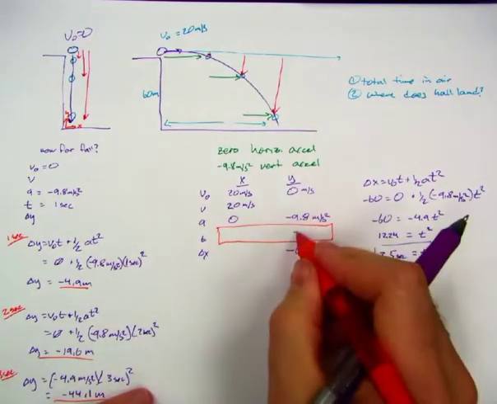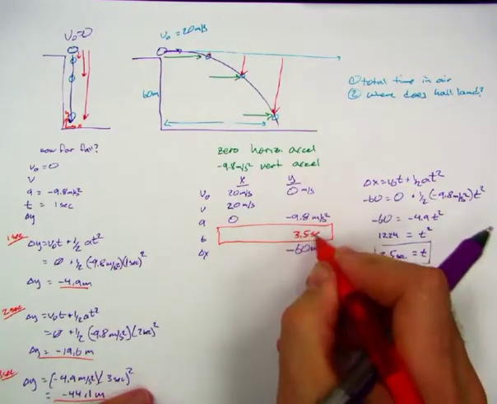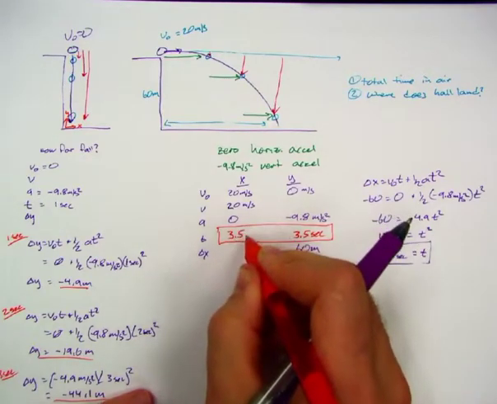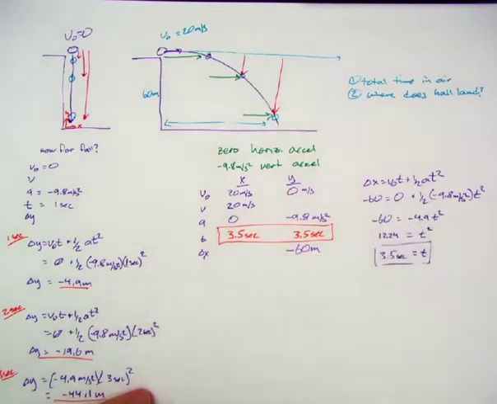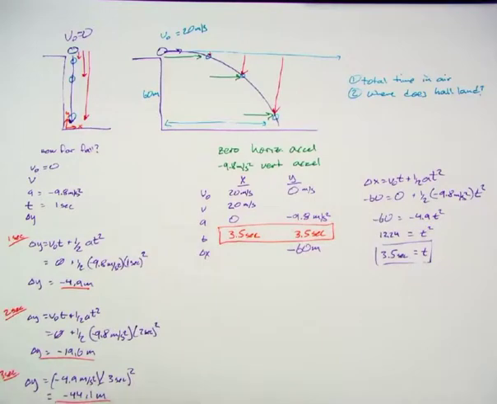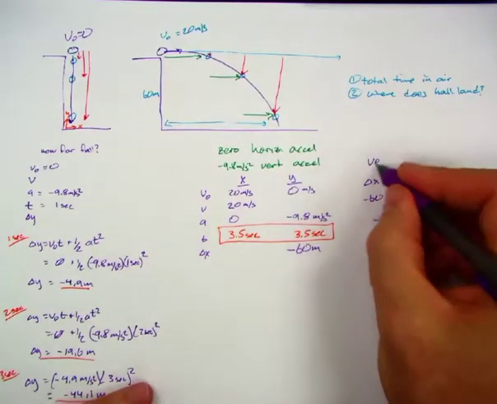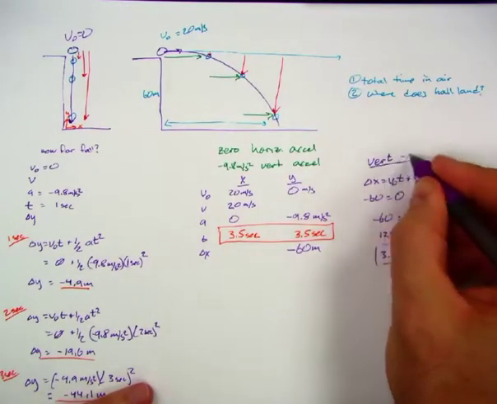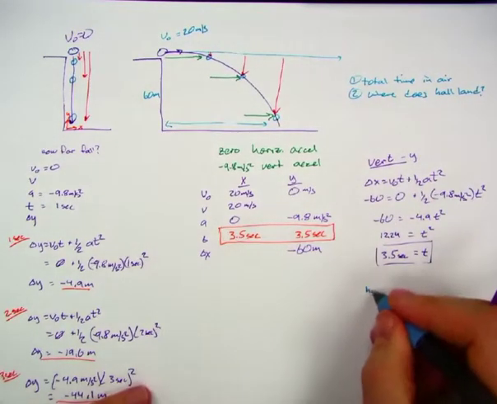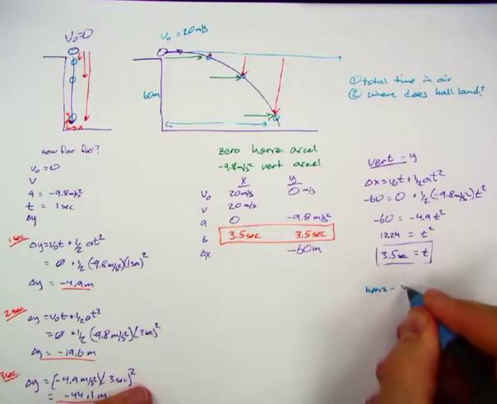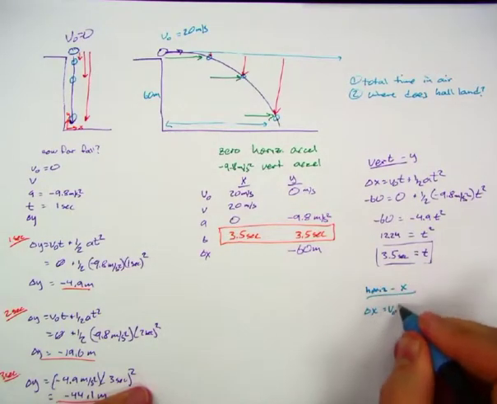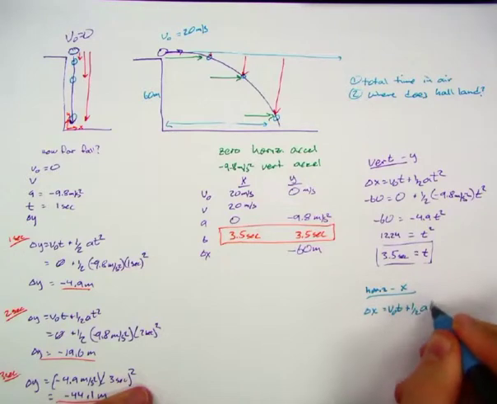So I can go ahead and plug that in. I know that the time that it takes to hit the ground is 3.5 seconds. Because it's the same, I also know that the time to hit the ground in the horizontal direction is 3.5 seconds. And now I know everything in this column. I can find the delta x. So this one here is the vertical problem, right, or the y problem. Let's do the horizontal problem, or the x problem. In that case, delta x is equal to v0t plus 1/2 at squared.